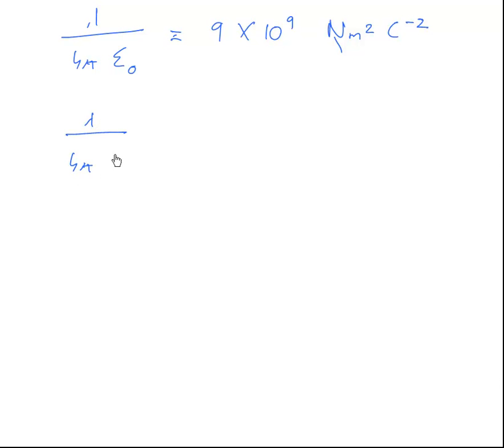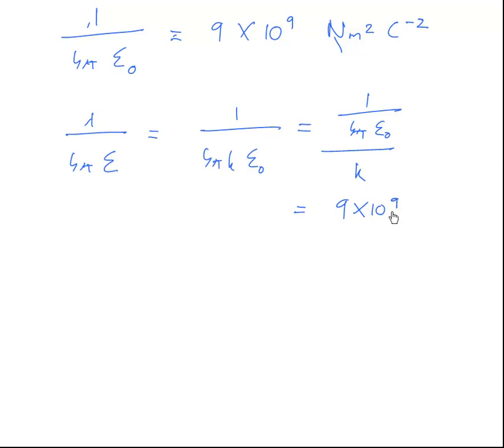For any other medium, it would be 1 by 4 pi epsilon, right? But that would simply be 1 by 4 pi k epsilon naught, or 1 by 4 pi epsilon naught whole upon k, or 9 into 10 raised to 9 upon k.